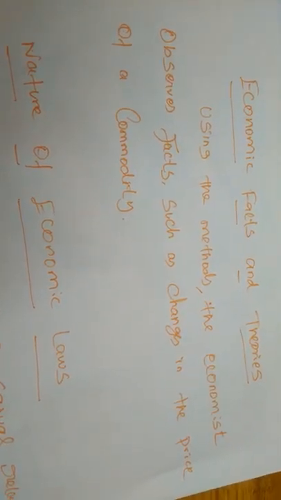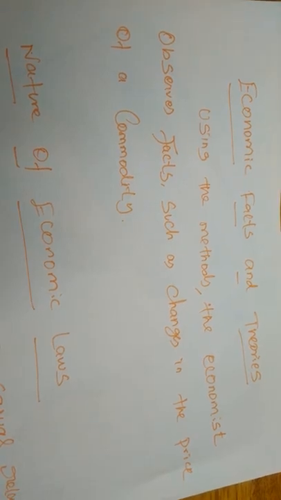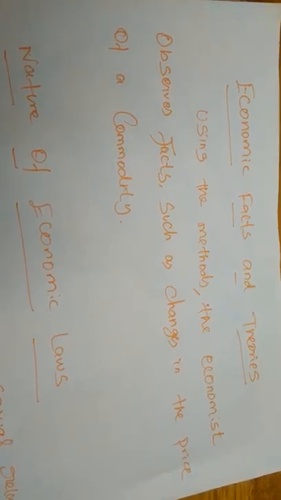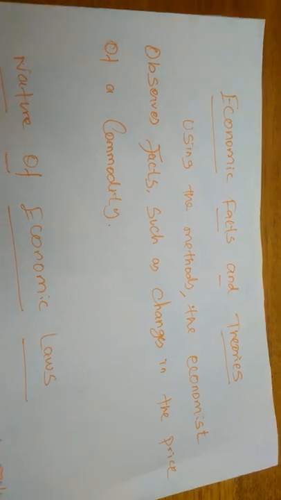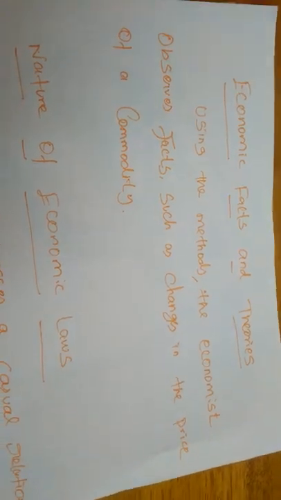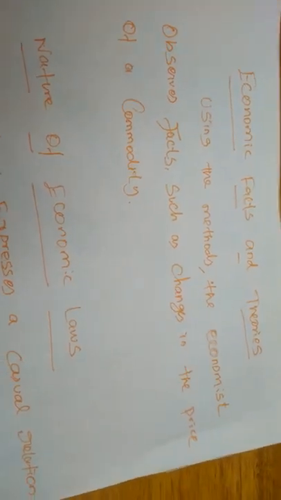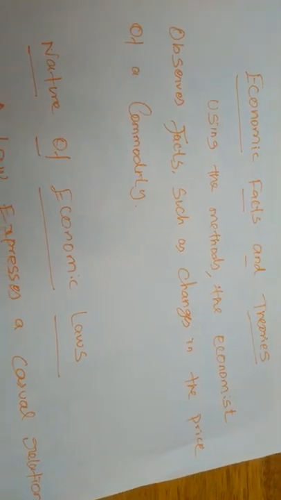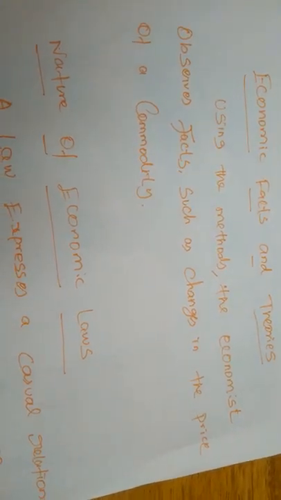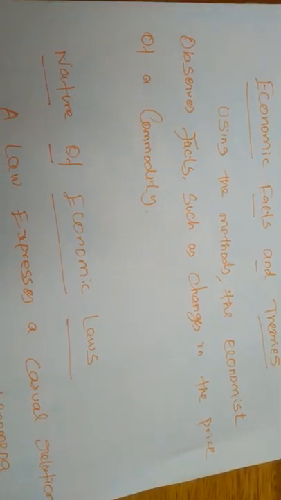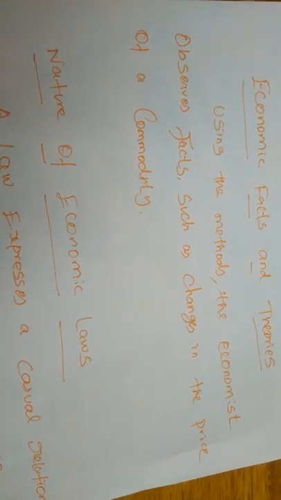This is also one of the theories, the theory of demand, or the law of demand. The facts that are universally accepted will be considered as a law, with the status of a universal law.